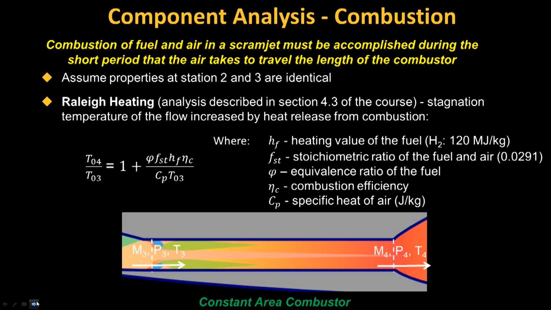Next, the amount of fuel added must be defined, and this is in terms of the equivalence ratio. Just remember, the equivalence ratio of 1 corresponds to enough fuel to burn all the oxygen in the air. But we also need to worry about the combustion efficiency. That is, how much of the fuel we injected was actually burnt. A realistic goal for this is 80%.